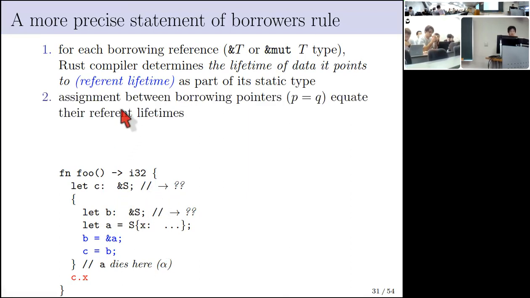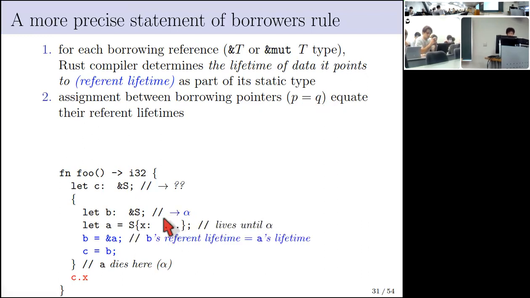And when you do an assignment between borrowing pointers like P = Q, where the types of P and Q are references, the Rust compiler basically equates them, so it assumes their reference lifetimes are the same.